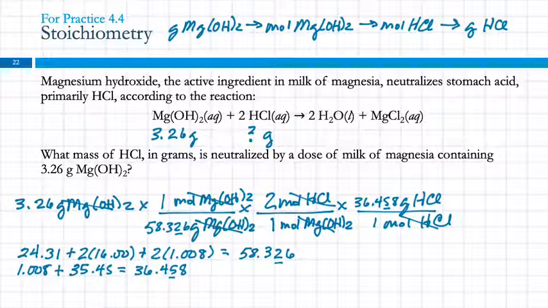Okay, so now we calculate 3.26 divided by 58.326 times 2 times 36.458.